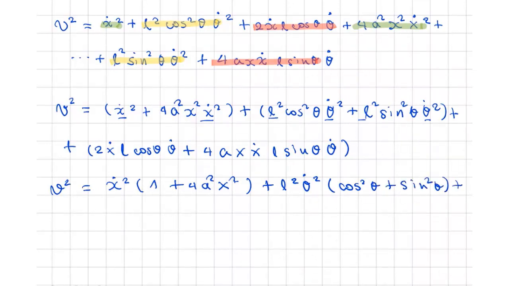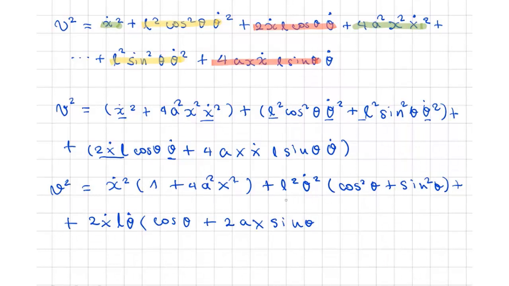Plus we take out the common factor 2x dot L theta dot, so we get 2x dot L theta dot multiplying cosine of theta plus 2ax sine of theta.